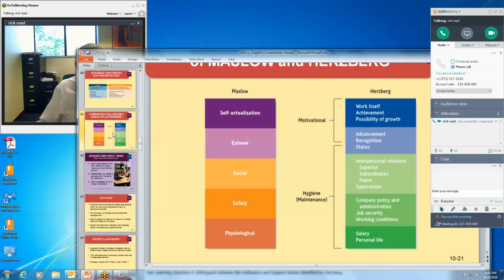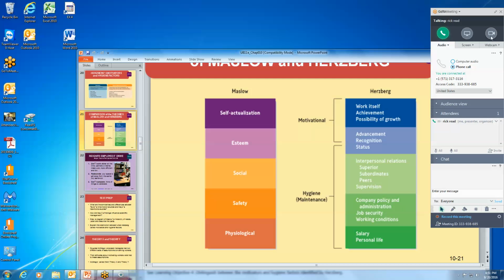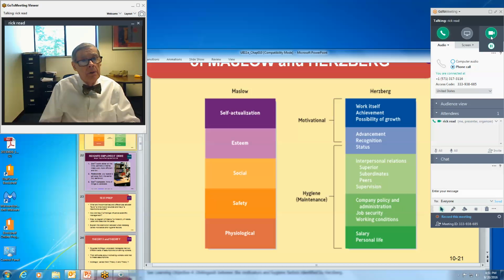What this particular slide shows, and you can see this in figure 10.3 on page 276, is how the Herzberg factors stack up with Maslow's hierarchy of needs. Now, there's one thing that I want to say to you about Herzberg, and I want you to keep this in mind, and this is not meant to denigrate his work.